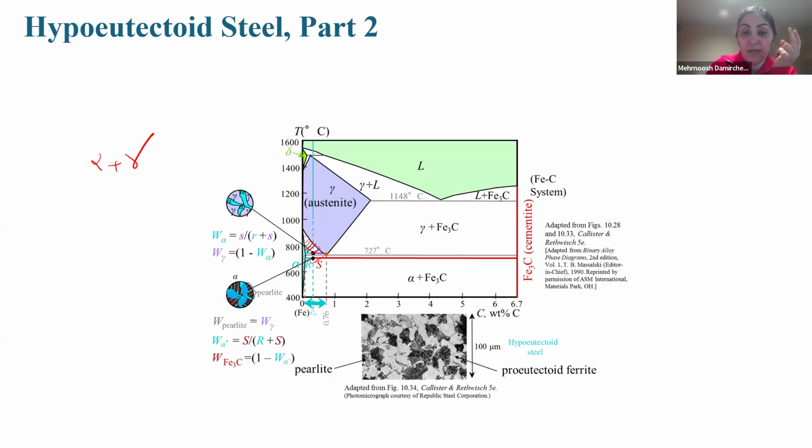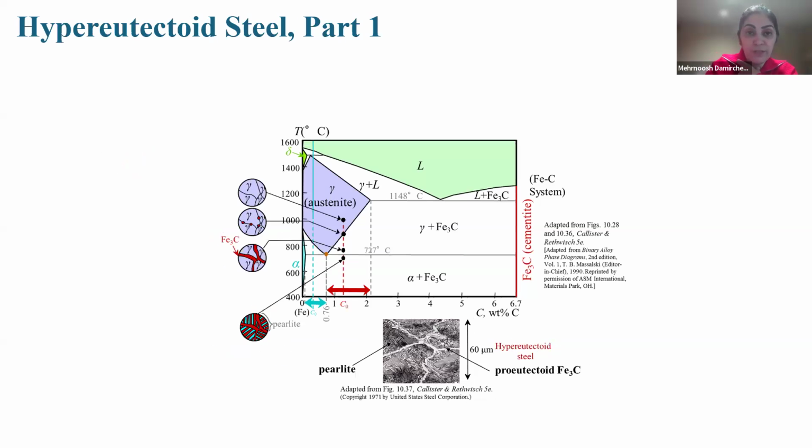Another alpha is perlite alpha or perlite ferrite, because the alpha name is ferrite. So again, we use the lever rule and find both of them. Okay, hypereutectoid.